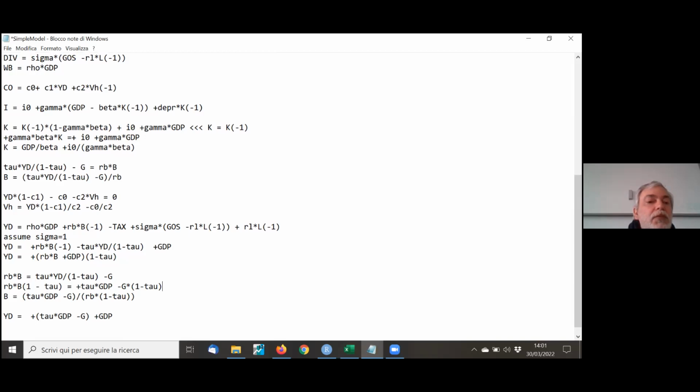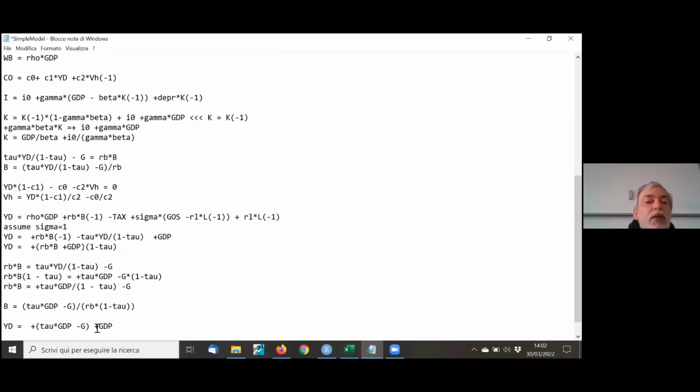And from here, I may be interested in getting RB times B rather than B alone. So RB times B, I have to divide everything by 1 minus tau. And here this disappears. So these are the interest payments. So now this is wrong.